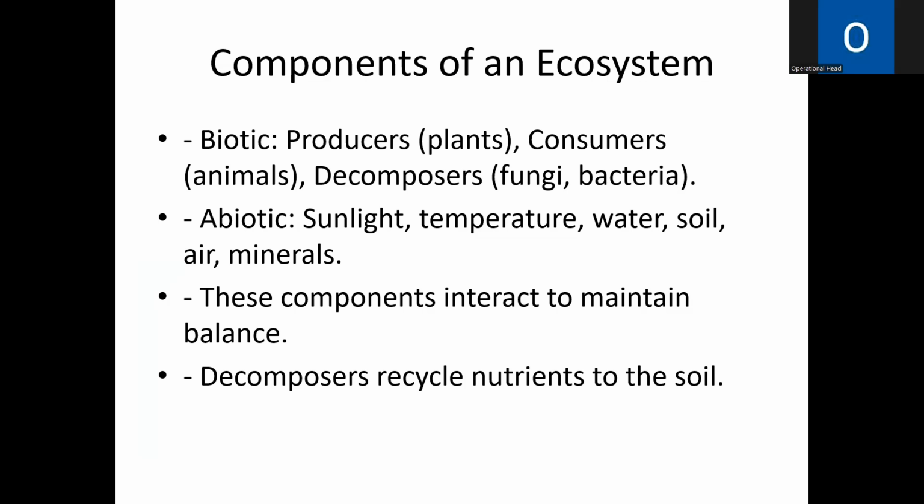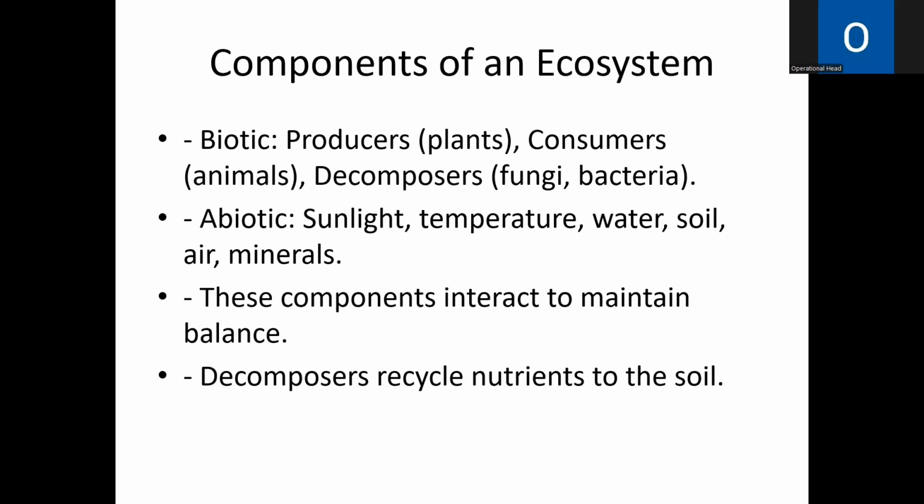Producers are organisms like plants which produce organic material. Consumers consume, or we say depend on others. The last one is the decomposer, which decomposes or consumes dead decaying material and converts it into simpler soluble substances.